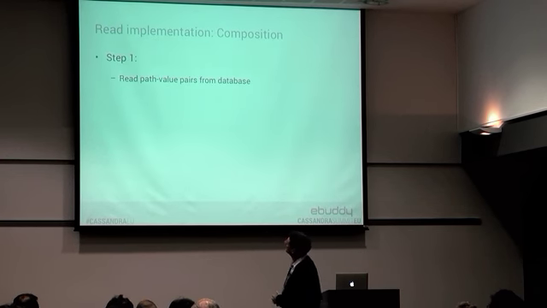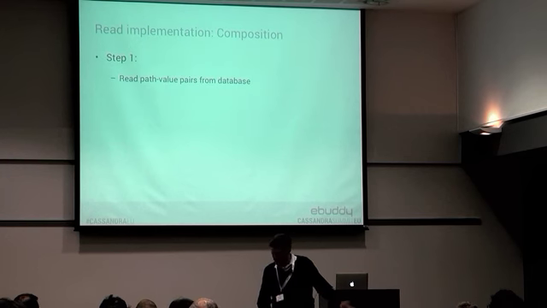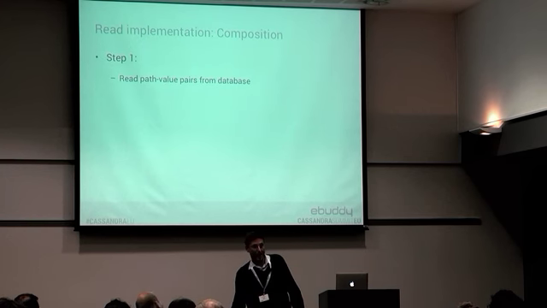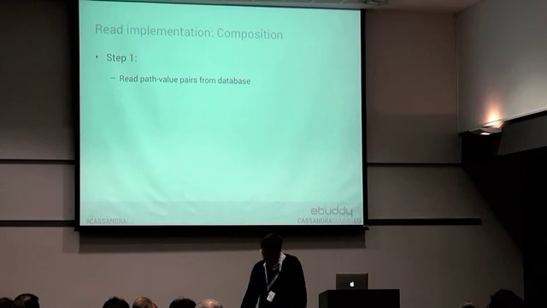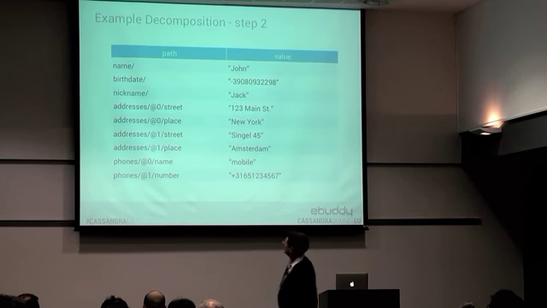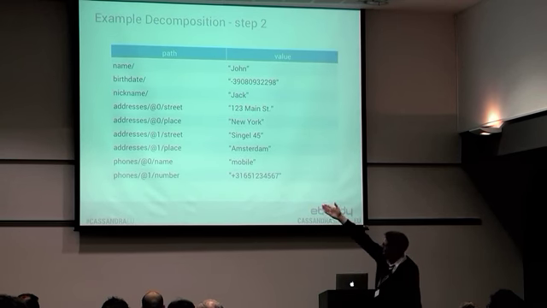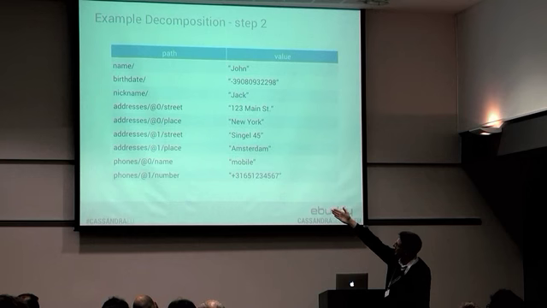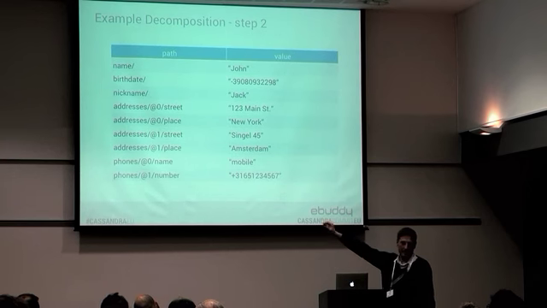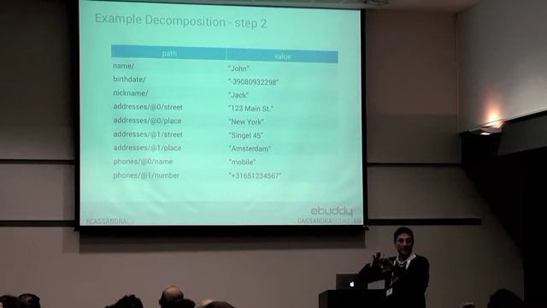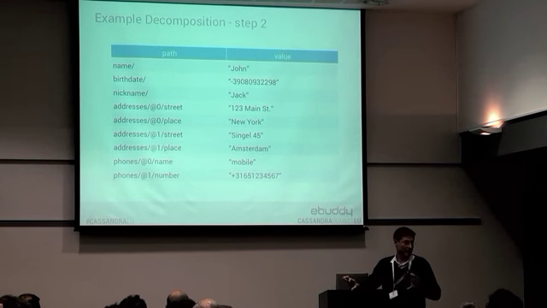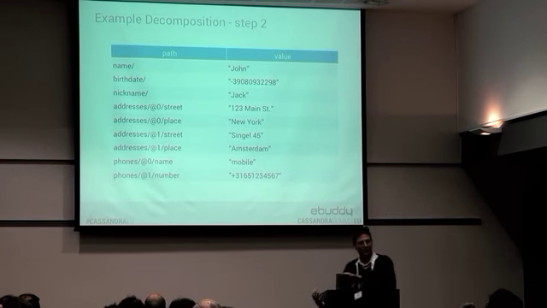To read, we basically read the paths and values out of the database at a given path. If you specify, for example, the path addresses, then it will do a slice query to get all the paths that begin with the element addresses, so it gets all the structure underneath as well.